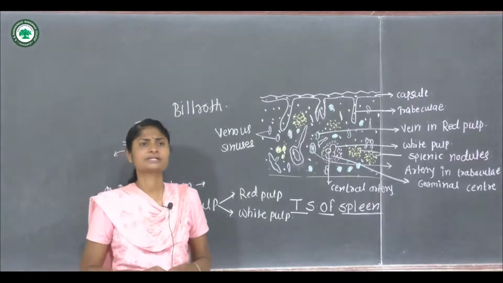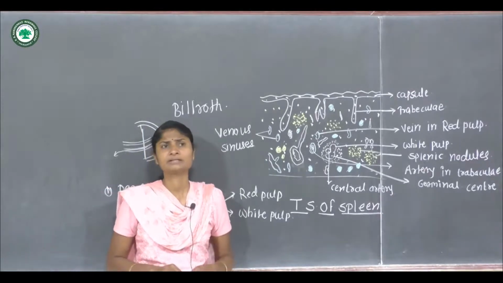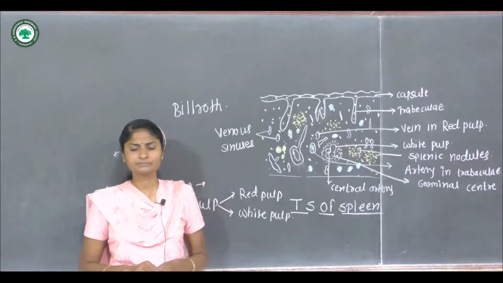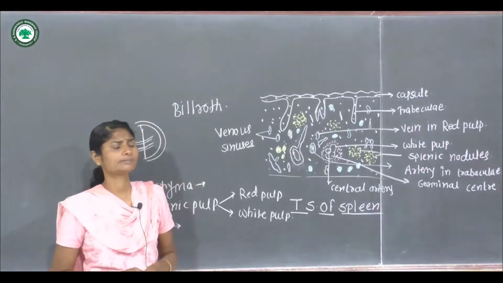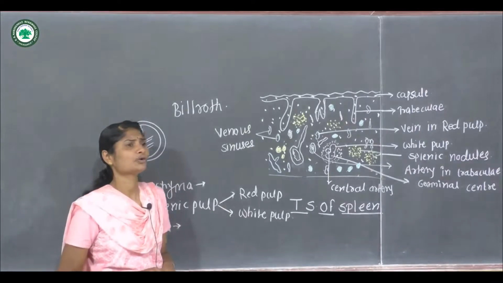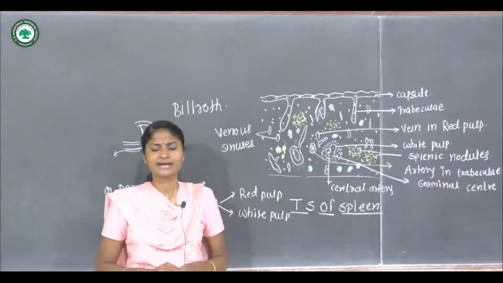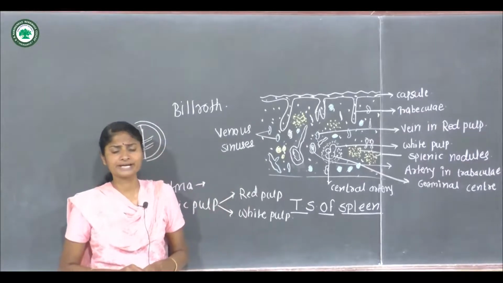Functions of the spleen: mainly the spleen acts as a filter organ for the blood. The phagocytic cells remove foreign particles such as bacteria and degenerating leukocytes.